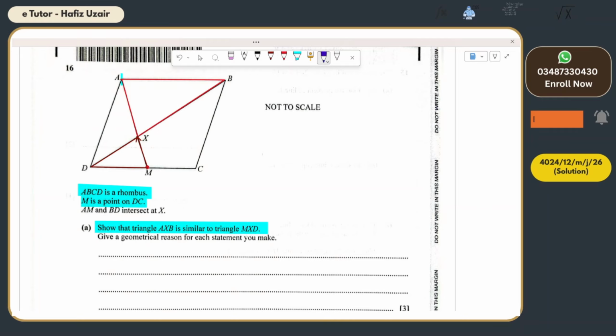Now you can check that these two angles are vertically opposite angles. So this is the first reason. You need to write three reasons. This is a 3-mark question. So let's write the name of this angle. This angle is made at X. So this is DXM and this is AXB, and these are equal and the reason is they are vertically opposite. Let's write this equation. DXM is equal to AXB and the reason for this is they are vertically opposite angles.